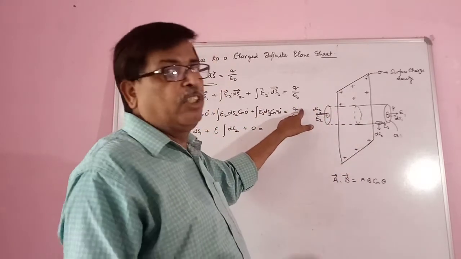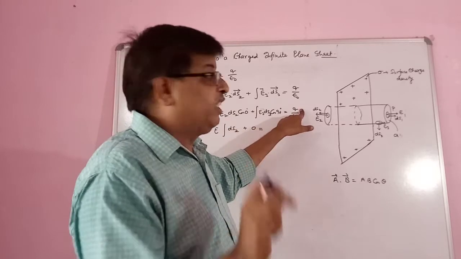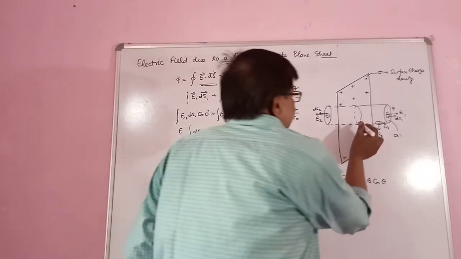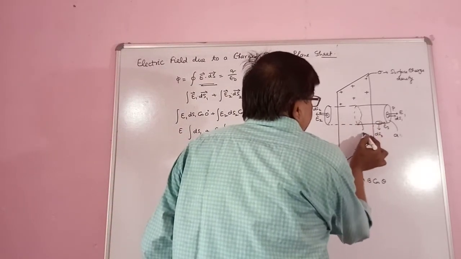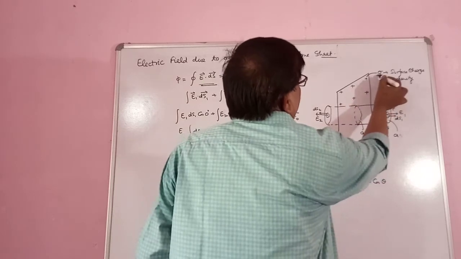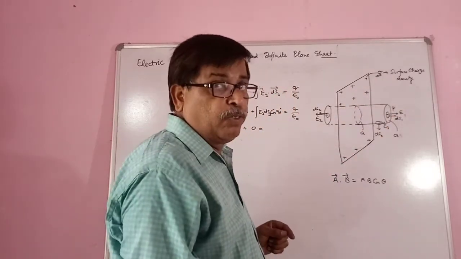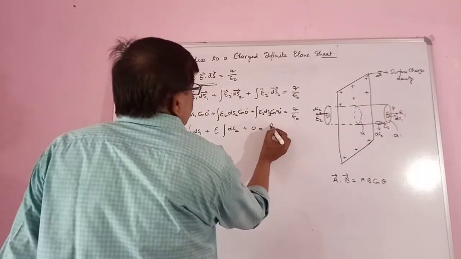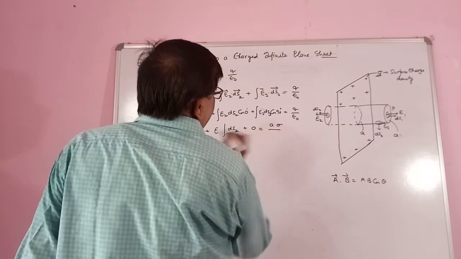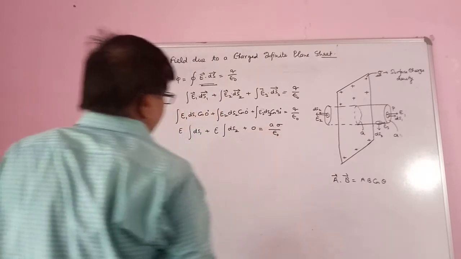Q is the charge inside Gaussian surface, and this is area A and sigma is surface charge density. So this will be A sigma upon epsilon naught.